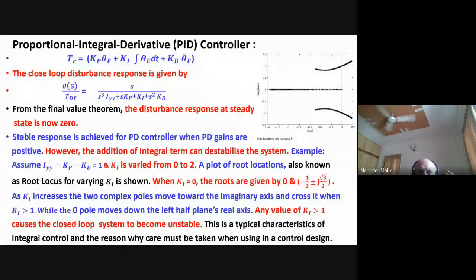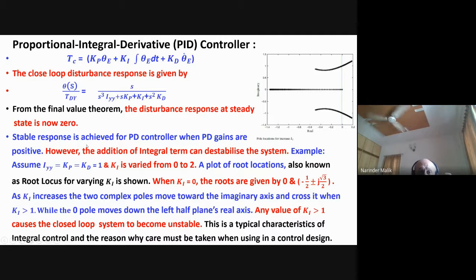Now, to overcome this problem of the steady state error, we incorporate what is called an integral term in the feedback. With the integral term, the spacecraft transfer function will become like this, and from the final value theorem, you will find the disturbance response at steady state is now 0. Stable response is achieved for a PD controller when PD gains are positive.